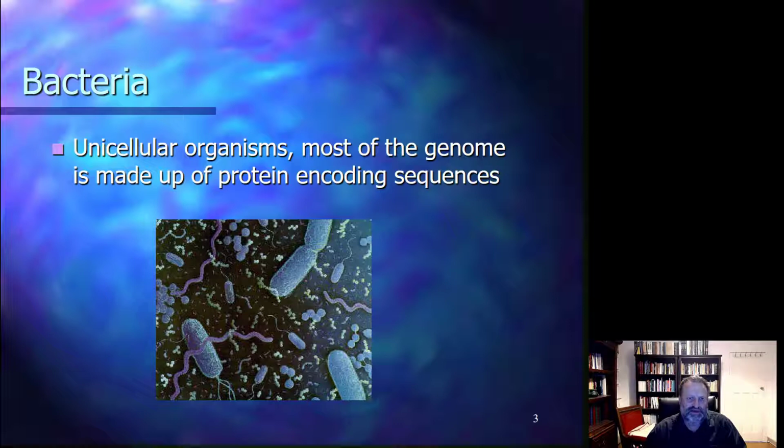Let's consider bacteria. What you see on the screen is an image of some bacteria. Now, these organisms are very simple. They typically have just one cell with a relatively simple genome, which encodes mainly proteins. Now, these organisms can swim around.